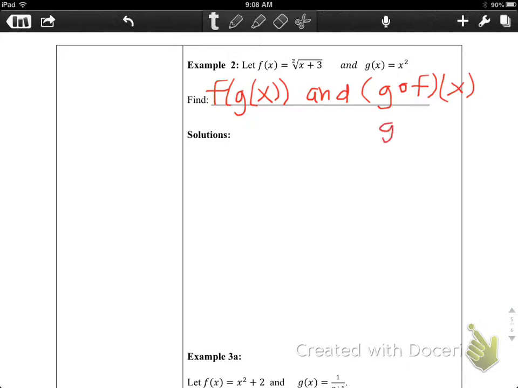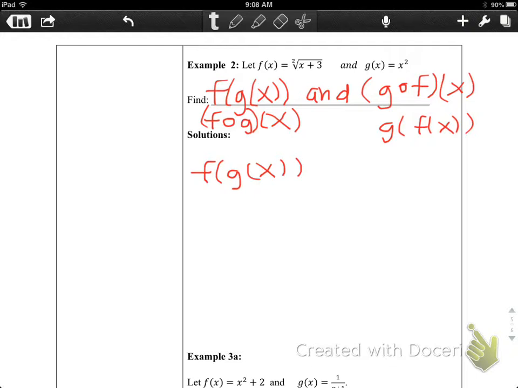Remember, g composite f of x is the same thing as g of f of x, just like f composite g is the same thing as f of g of x. You can see the notation either way. I just wanted to show you the different ways of the notation. We're going to do f of g of x together, and then you're going to do g of f of x on your own, and we'll go over the solution in class on Friday.